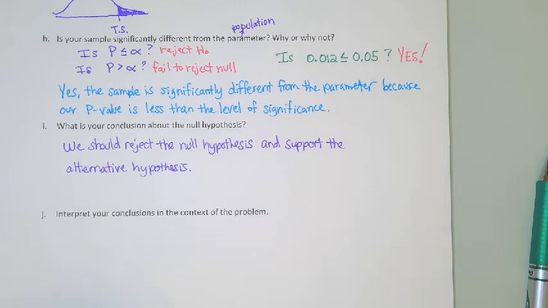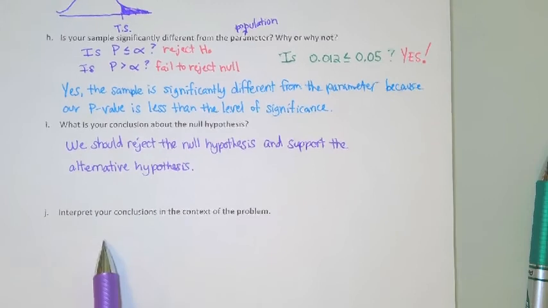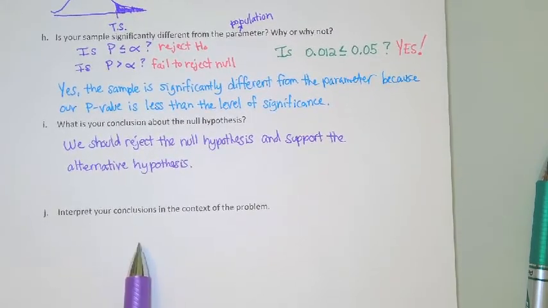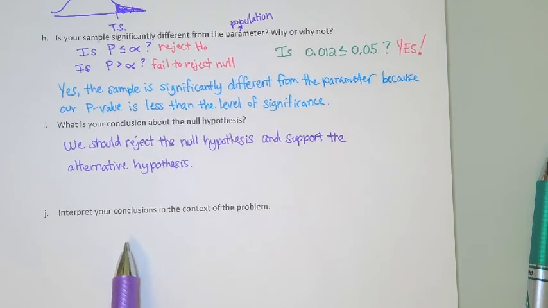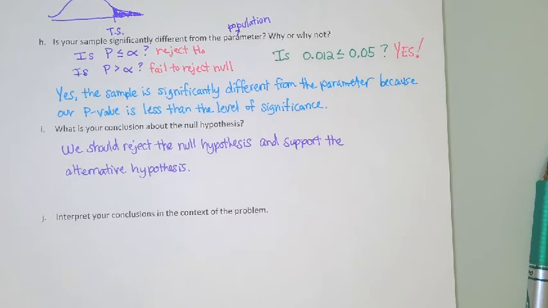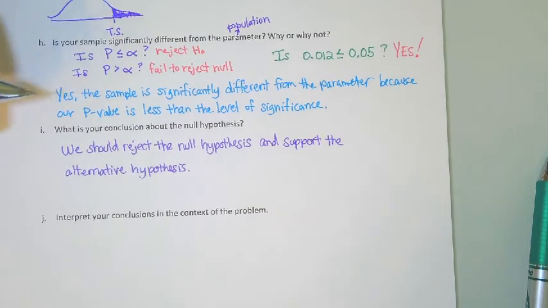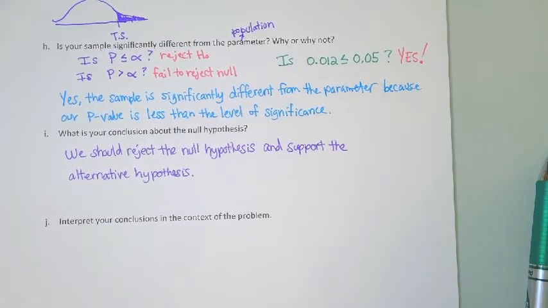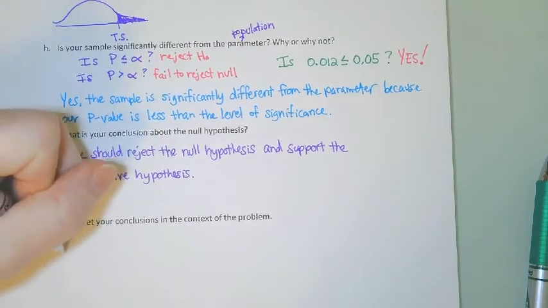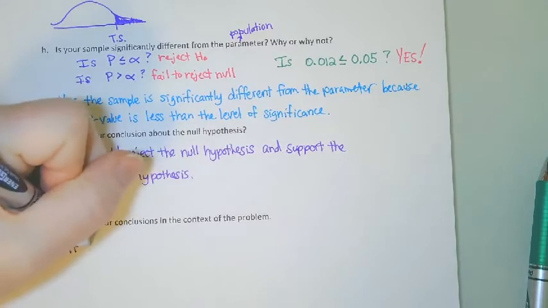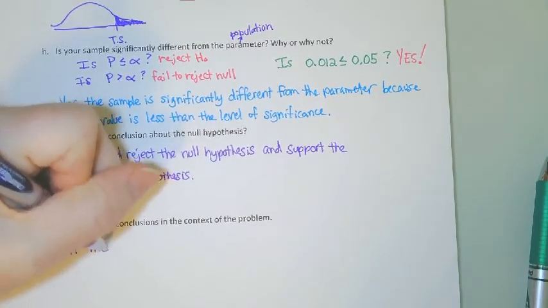You always want to include in your answer what the level of significance used was. That's sort of establishing how strict your criteria was in making this decision. Our level of significance was 0.05 or 5%. So I'm going to begin my answer by saying at the 5% level of significance.